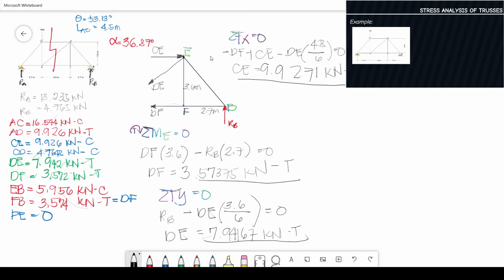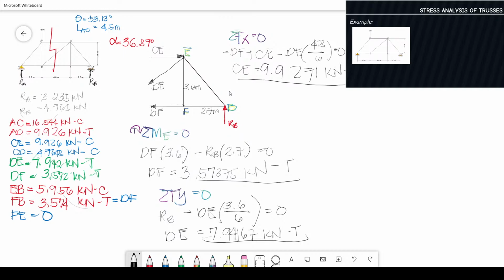So if you want to know about that, you can look for the Wang and Ekel book. Wang and Ekel is the author. The title is Elementary Theory of Structures.